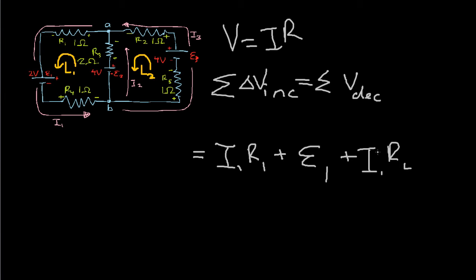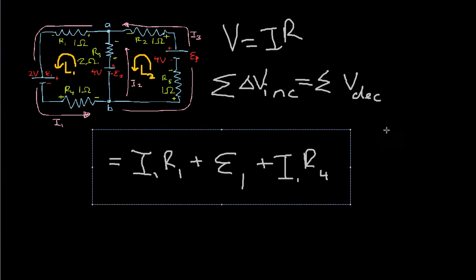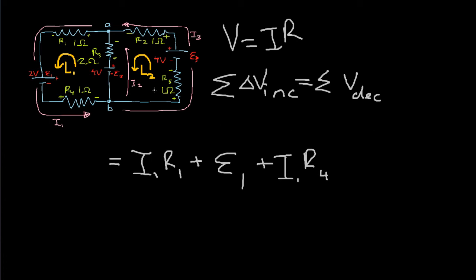Let's move this over a little and continue writing. Now we're on branch 2, so everything needs to be an I2. We have another battery here, going from negative to positive, so that's an increase. Oh, wrong side.